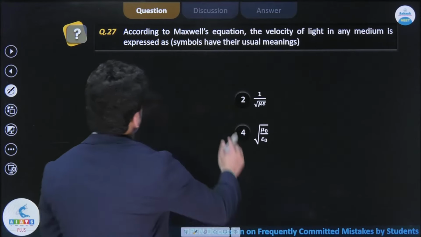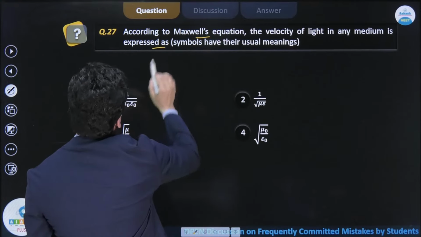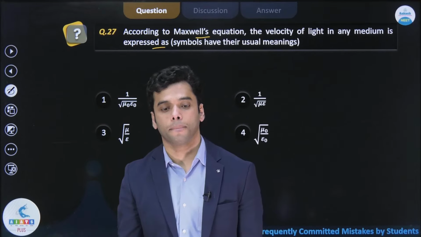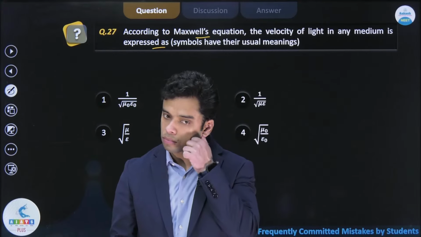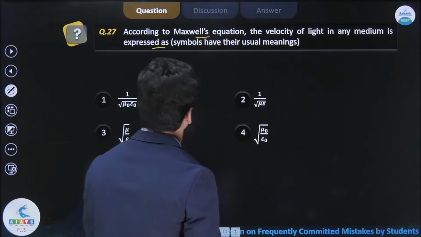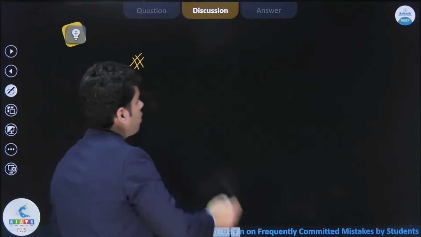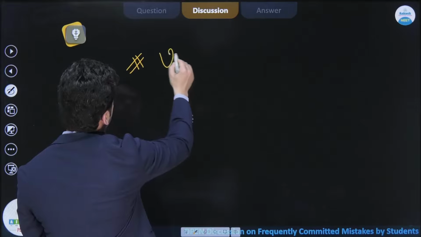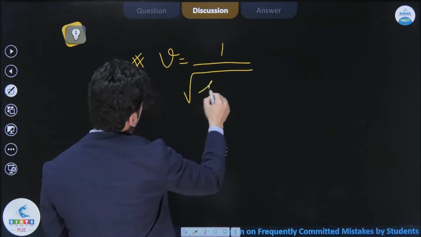According to Maxwell's equation, the velocity of light in any medium is expressed as. Tell me the answer, this is a simple question. Okay, let me tell you. Velocity of light in any medium is given by 1 upon under the root of mu into epsilon.